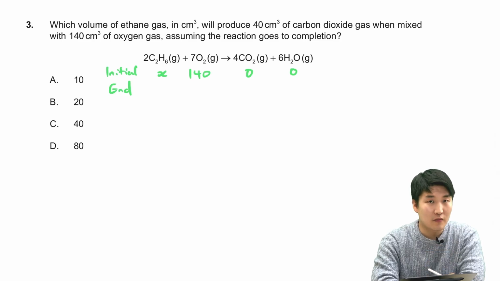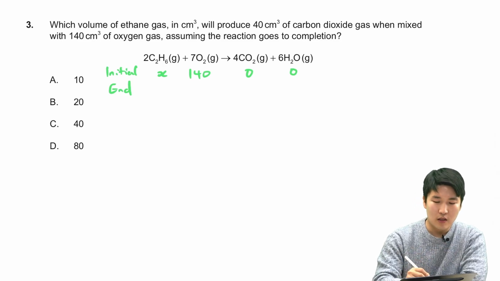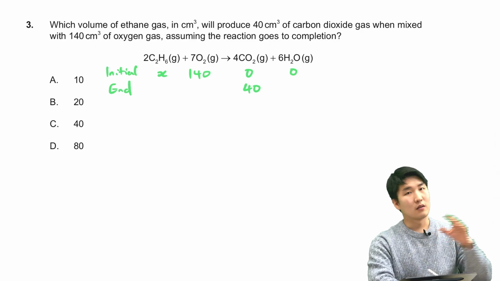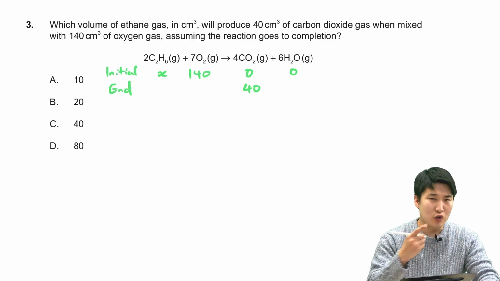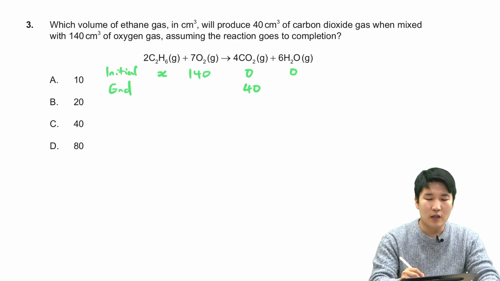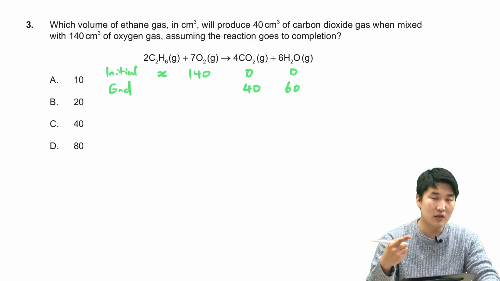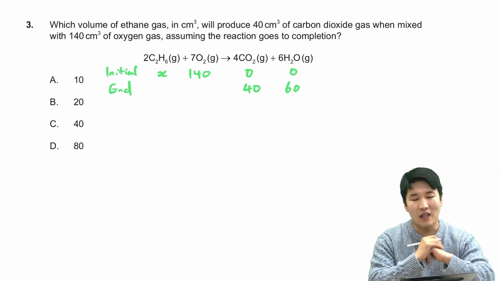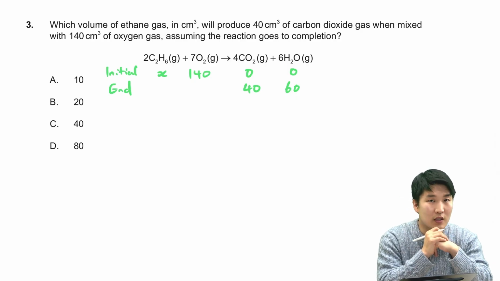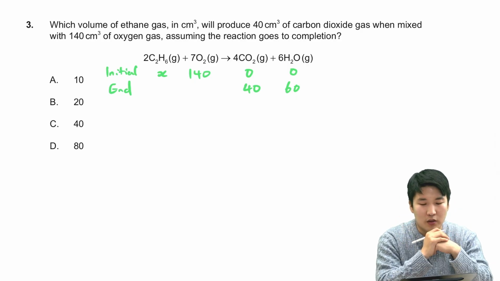But at the end of the reaction, we know that volume of carbon dioxide present will be 40. And we can assume that water vapor volume will be 60. Why? Because the 4:6 ratio between the two products tells us about the 40:60 relationship as well.